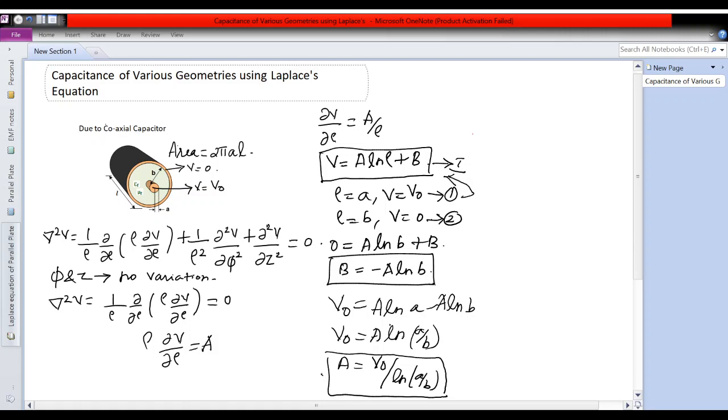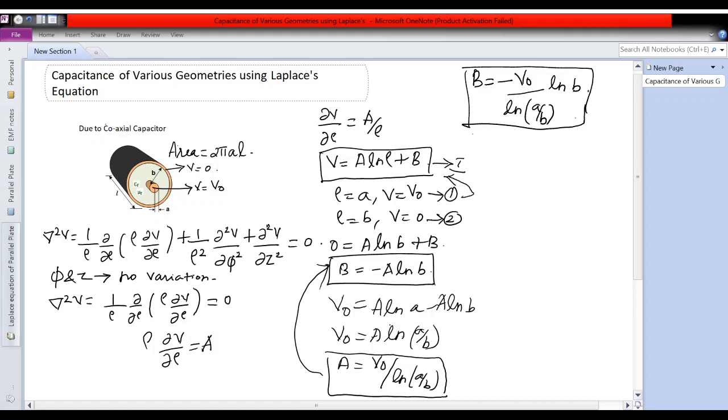Now substitute this A value here to get the B value. So the B value is equal to minus V naught divided by ln of A by B, into ln of B. I have got the A value and I have got the B value.